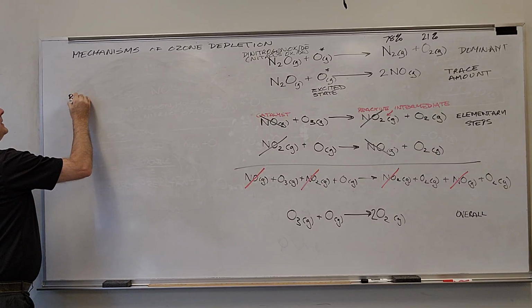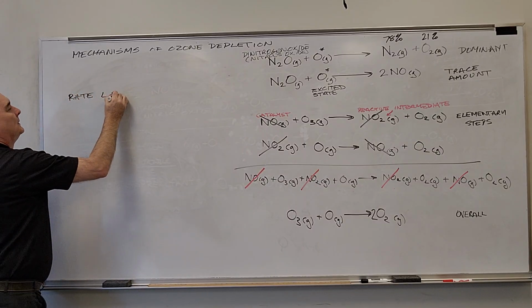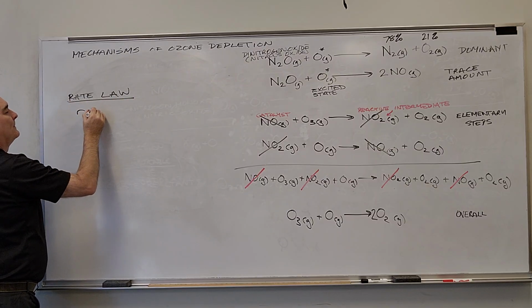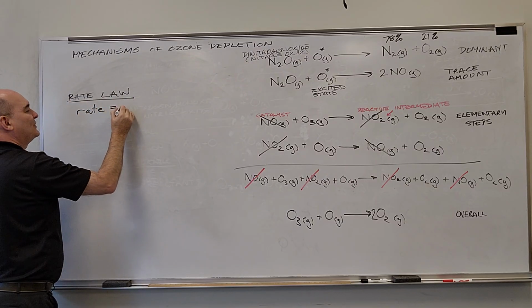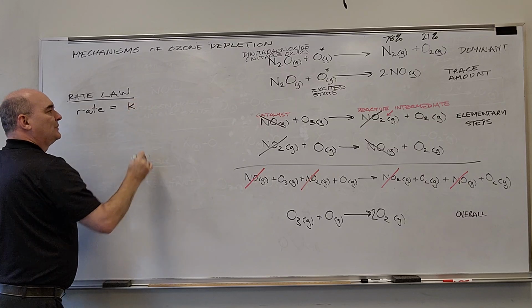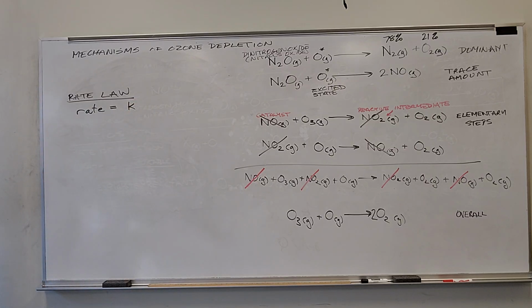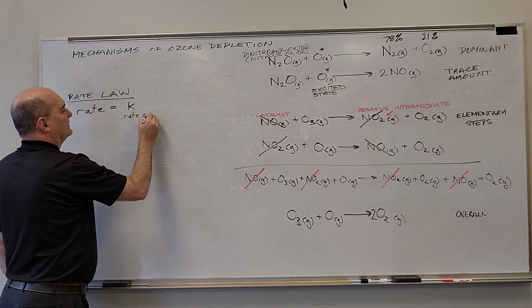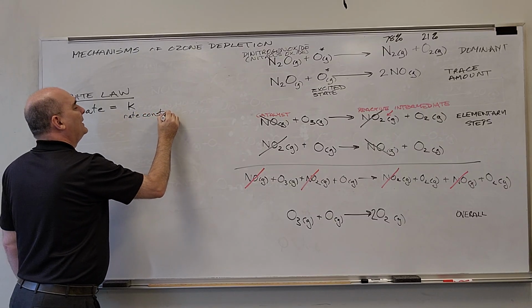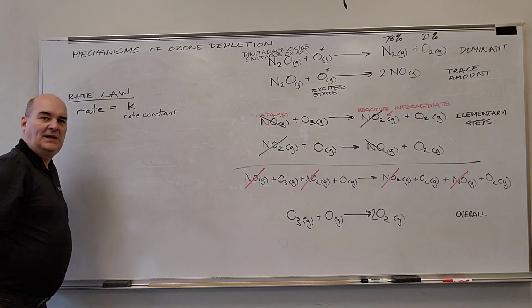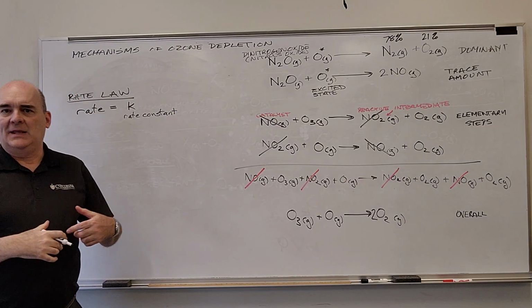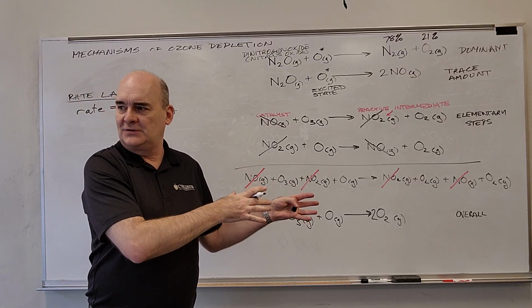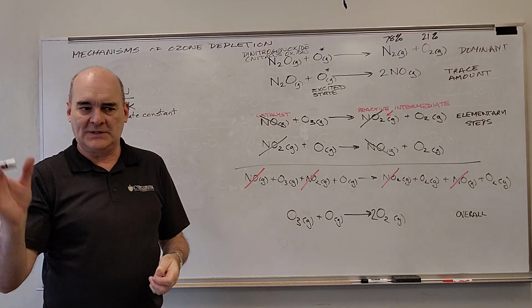A rate law says this, that the rate of the reaction is equal to some value, K, which is called the rate constant. And the rate constant is, it's not like the gas constant where it's a number that gets used for all reactions, all processes, all the time.